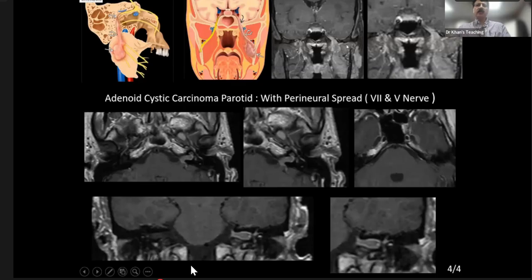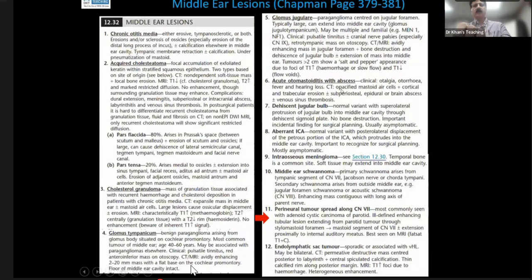This is the coronal of our patient, coronal T2 weighted. And you can see this enhancement and how it is going into the foramen ovale. This appearance you must remember, and this is an exam scenario. Other tumors can also be asked like this. So this was perineural spread. This is perineural tumor spread around the seventh nerve.